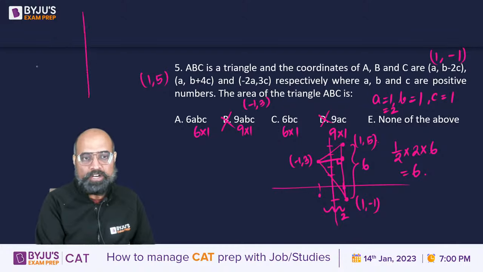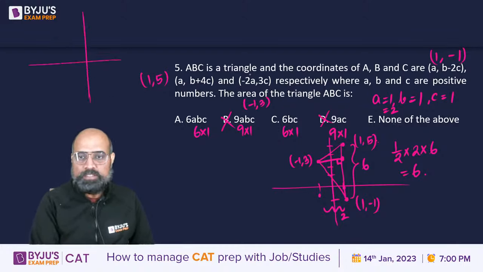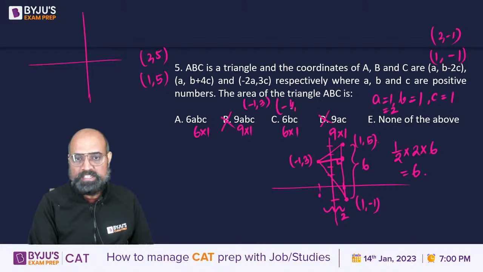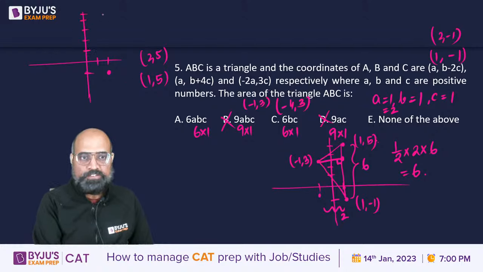So the plotting would be, the points will become 2, comma minus 1, 2, comma 5, and this is going to give me minus 4, comma 3.